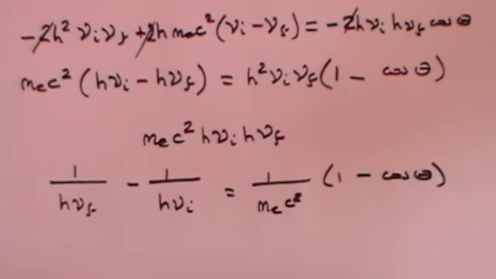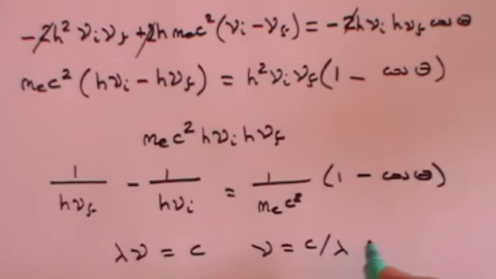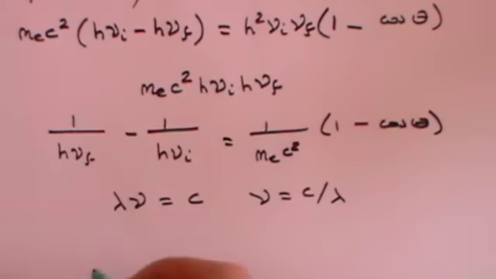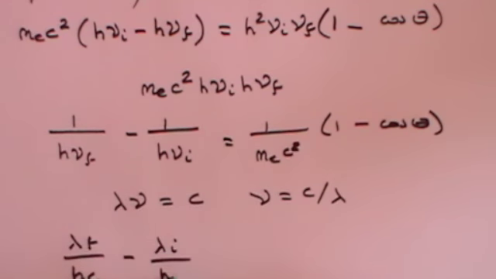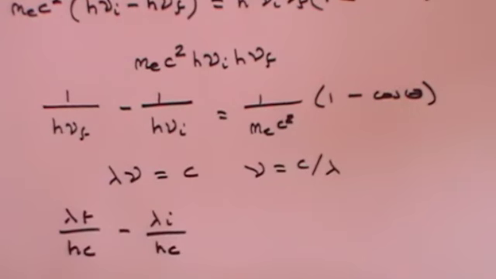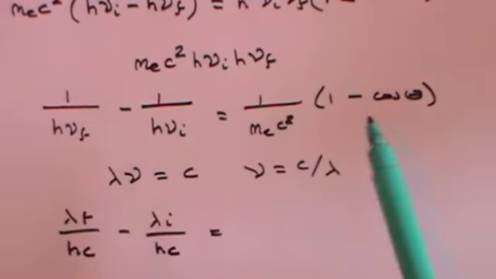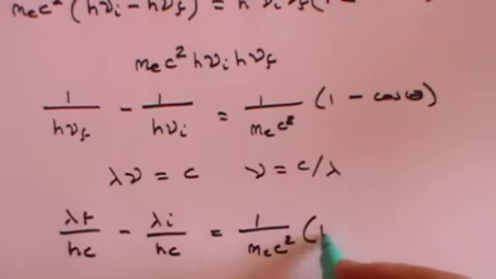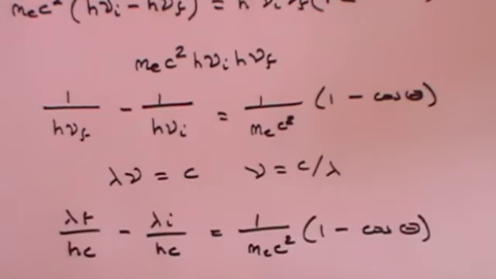Now I remind myself that lambda nu is equal to c, and that means that nu is equal to c over lambda. So I replace nu by c over lambda in each case, and that will give me that lambda f over hc minus lambda I over hc is equal to, well, this term won't be affected, so it's just still 1 over mec squared into 1 minus cosine theta.